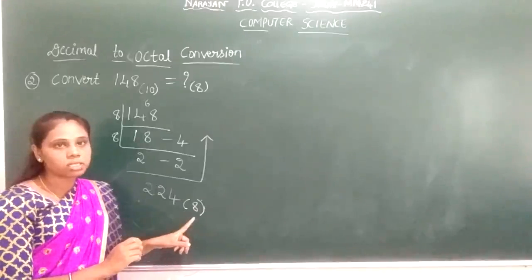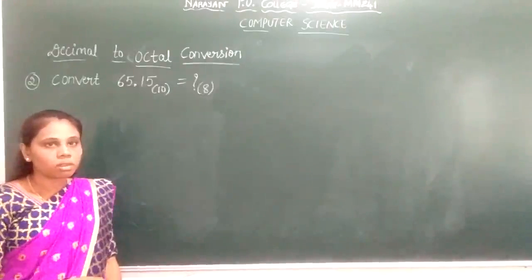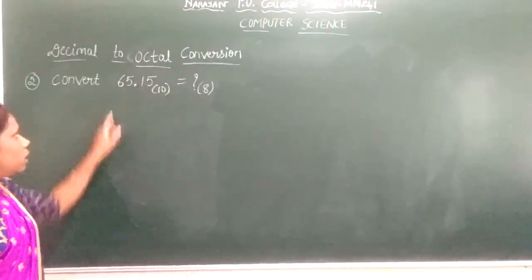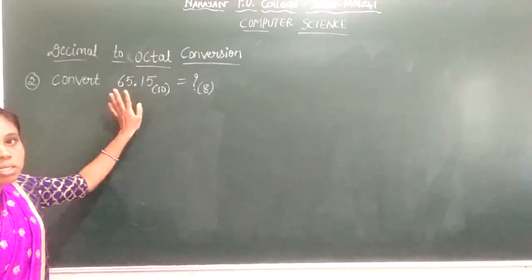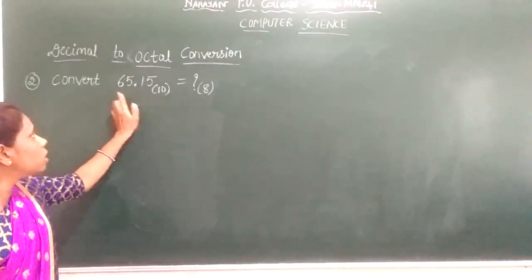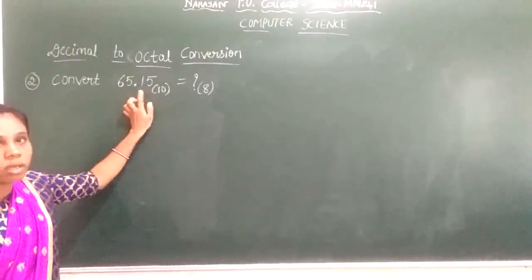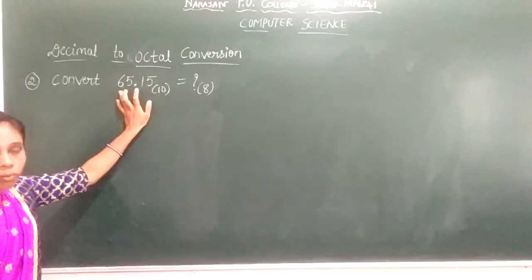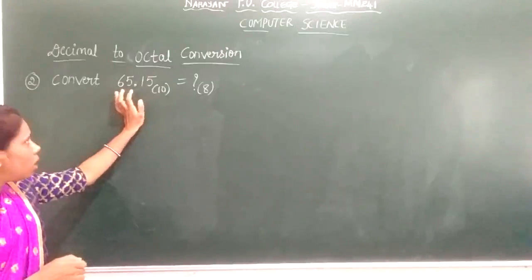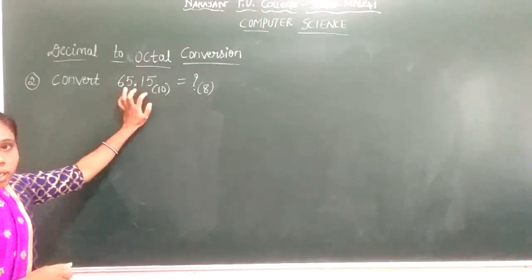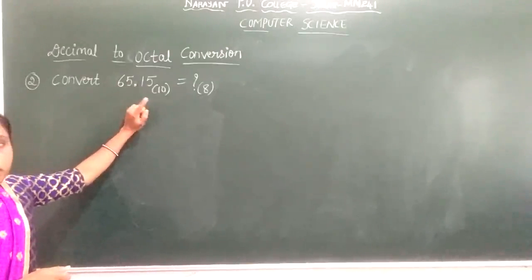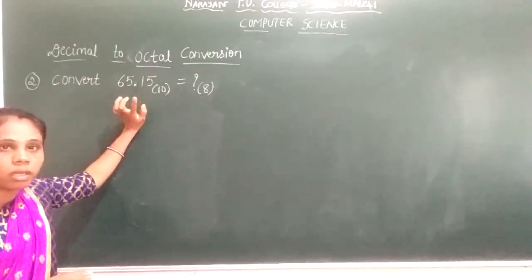Now we will see one fractional part example. Take this example, which has both an integer part and a fractional part. We are taking the real value 65.15. Now the same procedure you need to follow, as in decimal fraction to binary, but here you need to divide by 8 and multiply by 8.